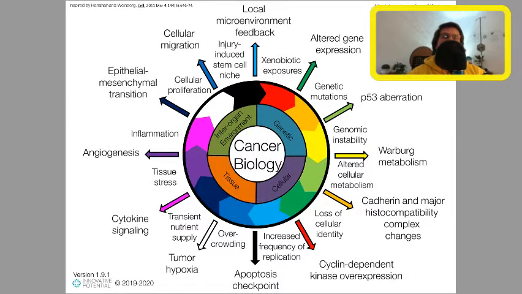So the xenobiotic exposures are different chemicals or something like that you're going to pick up. So I'm going from the local microenvironment feedback to xenobiotic exposures. I'm going from something mental outside down right into the tissue level, right down into the histology, the microscopic areas, and the biochemistry.